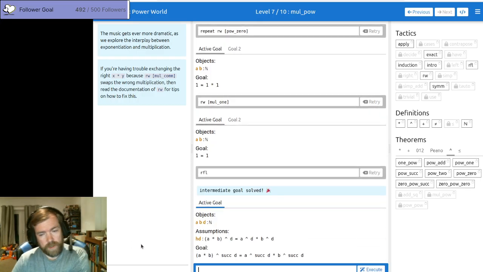Alright, so then the more complicated, what do we have when we do successors? Well, we can break out all of the individual successors. So this is going to be a repeat, rewrite, yet again, of power successor.